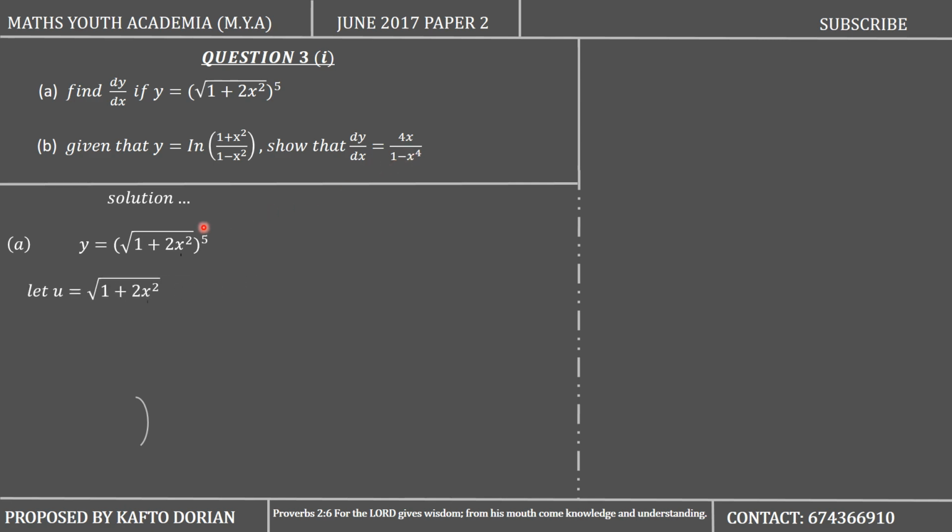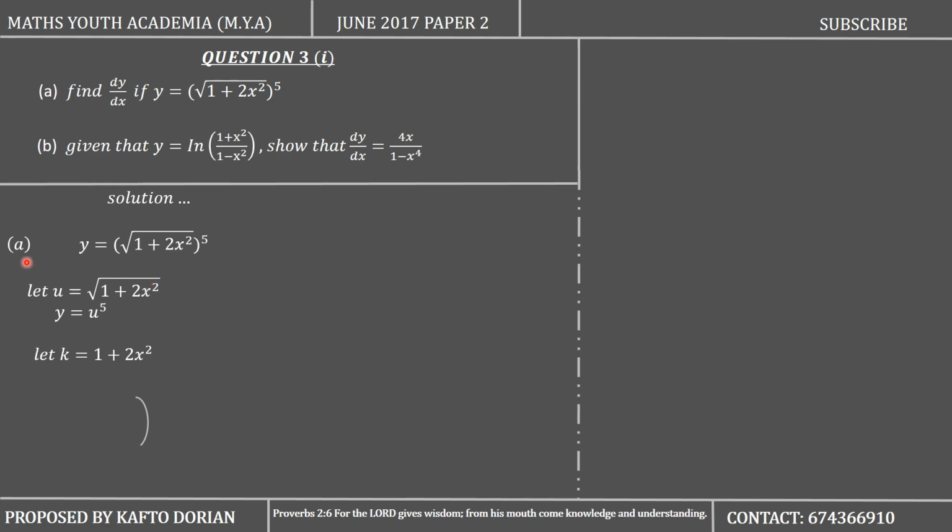Okay, the first step here is we need to let the square root of 1 plus 2x squared be equal to u. Once we let u be equal to the square root of 1 plus 2x squared, just replace the square root of 1 plus 2x squared by u, so that we now have y equals u raised to the power 5.